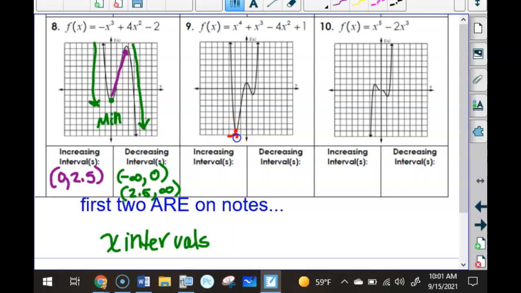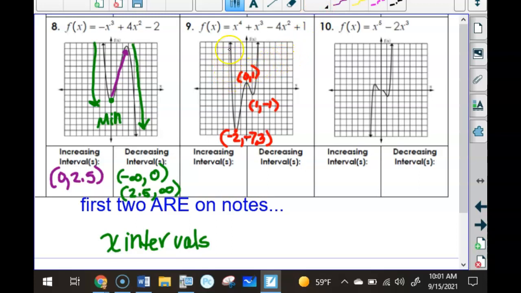Now, if you found it on your calculator, it would give you something like -2, -7.3 or something crazy. But which number would you use for this? The x values, yes. This looks like about 0, 1, and this looks like about 1, -1. But remember, you're using x values only.